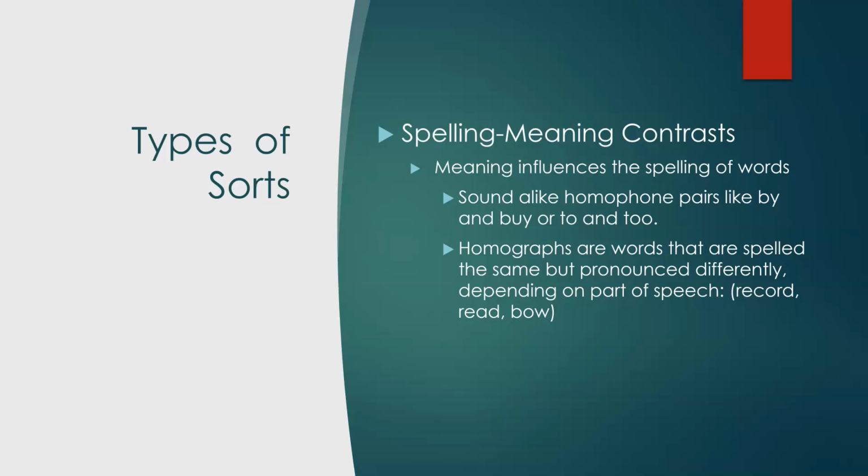So homographs are words that are spelled the same but pronounced differently depending on a part of speech. So record or record, read or read, bow or bow. And I want you to pay attention to these homophones, homographs, because you're going to see this on your final exam as well.